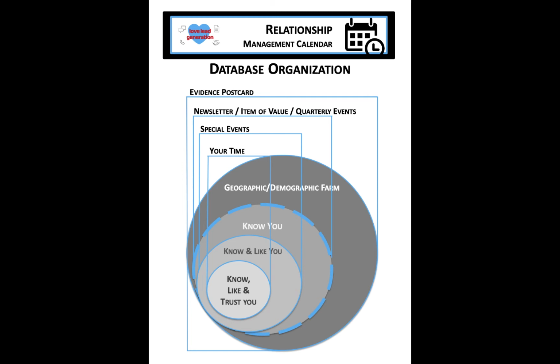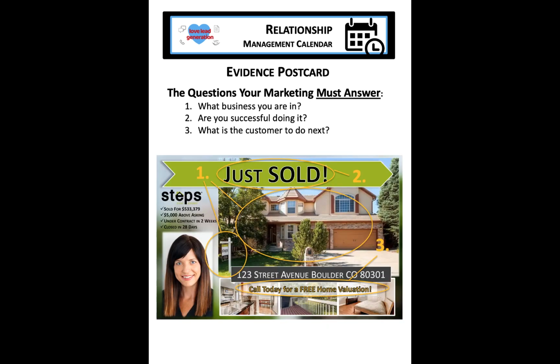The people that know you receive your newsletter, your item of value, and your quarterly events. So they're invited not to every single event, but to your quarterly events. And then the people in your geographic or demographic farm see your evidence postcard.